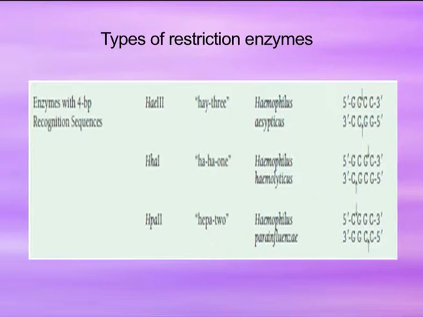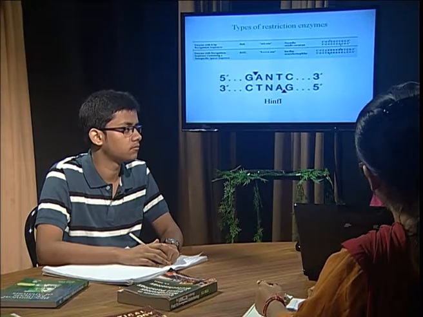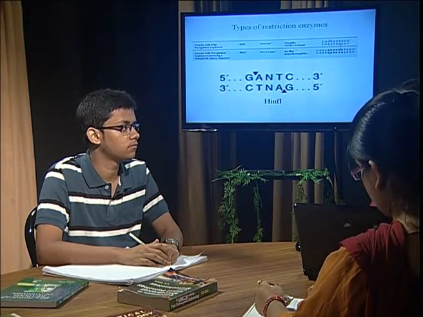The unique feature of BstXI is that within the restriction site there is a spacer region. As shown in this diagram, there is a spacer region of nucleotides, and surrounding the spacer on either side there are symmetrical sequences. So the BstXI recognition site contains this characteristic feature. So this is one classification of enzymes based on the number of nucleotides or the features of nucleotides present in the restriction site.